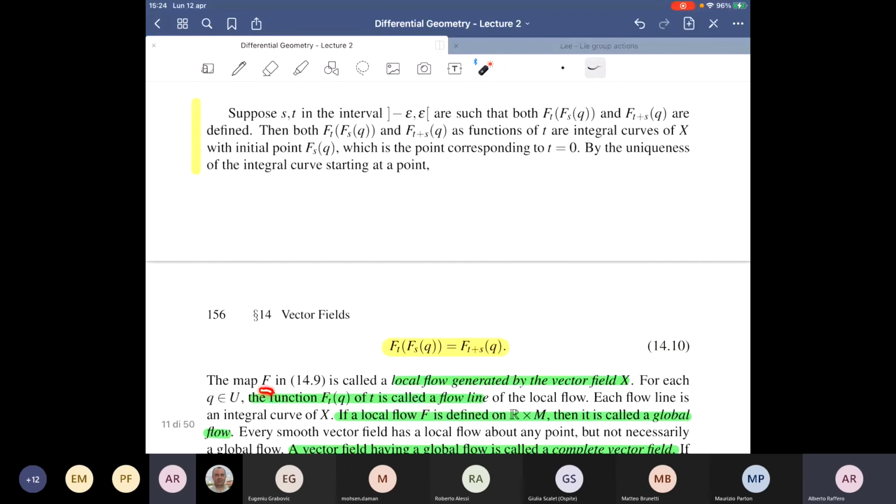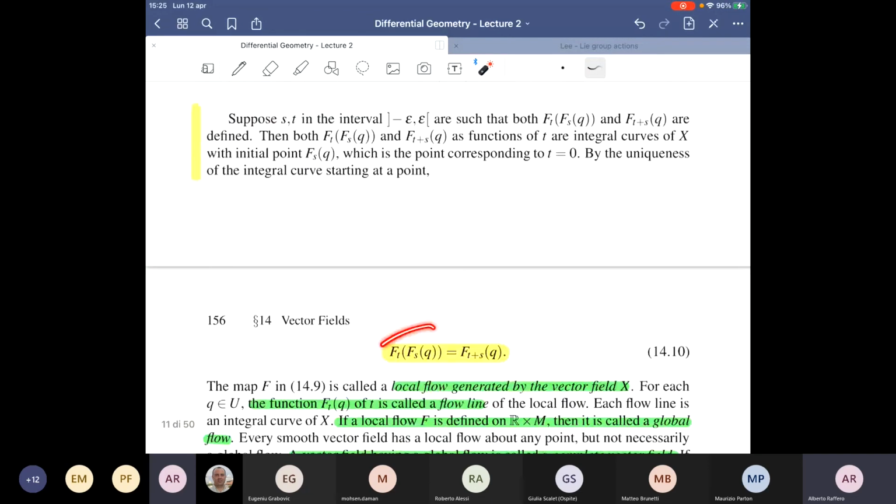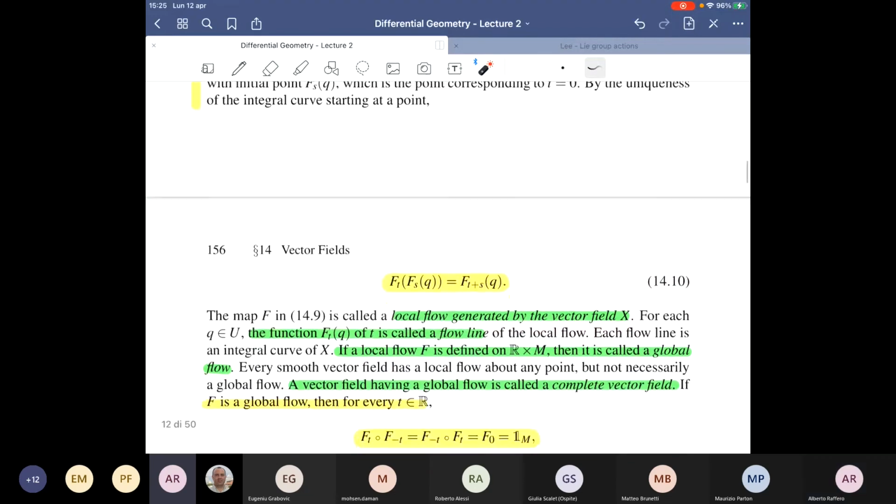So a map F behaving in this way, so a map like this one, satisfying this first property and the second property, is what is called a local flow generated by the vector field X. And in particular, for each q you fix, for each point you fix on the open set, you will get a function depending on the time t with values on the manifold, which is the so-called flow line, which is none other than the integral curve of the vector field X we are considering starting at the point q.